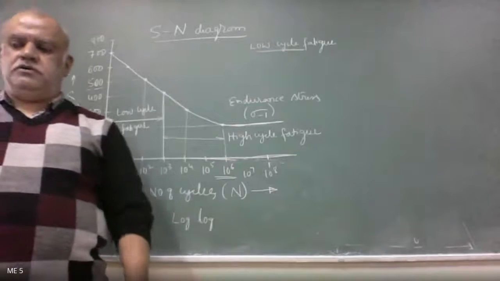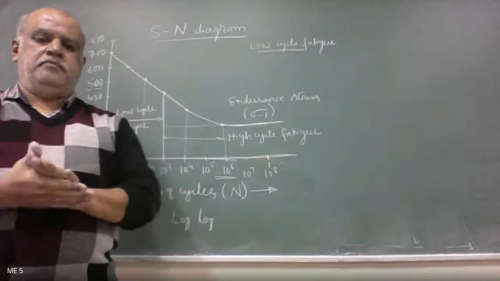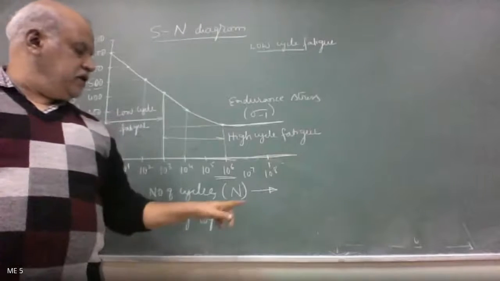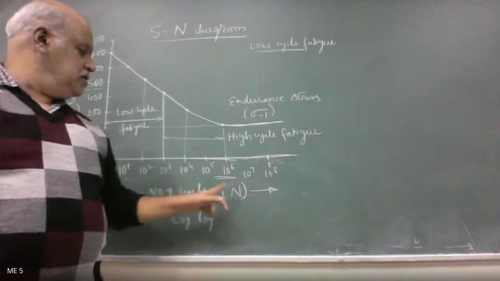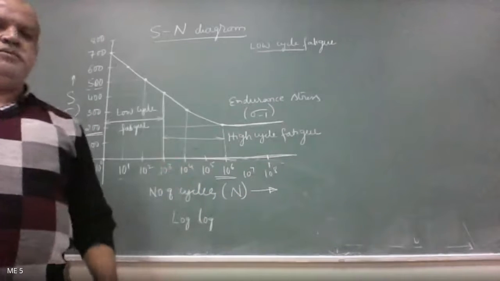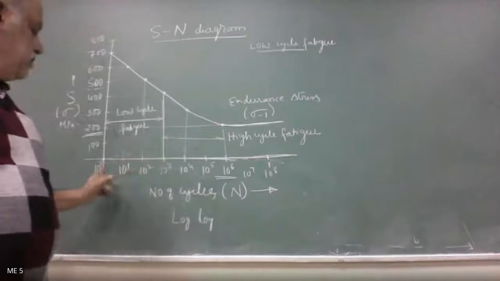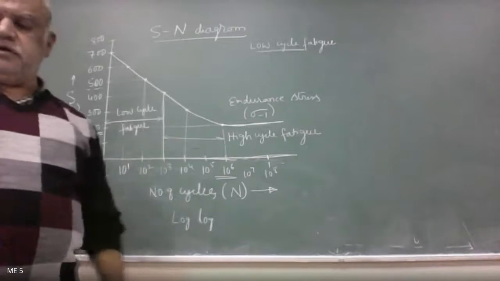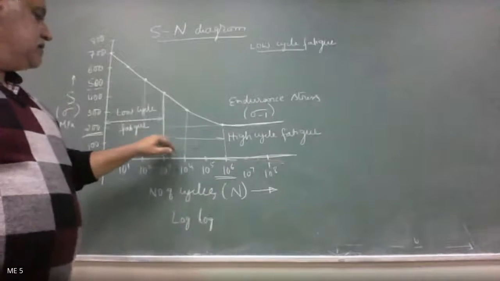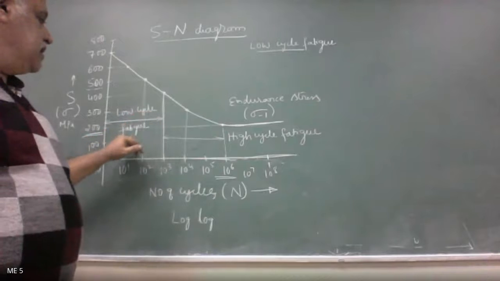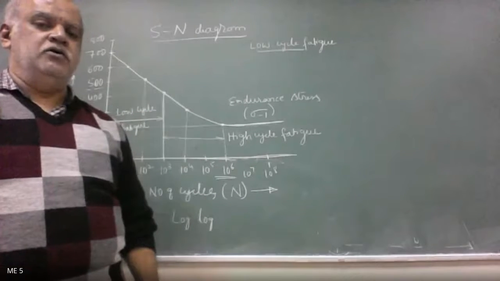Fatigue failures from n equal to 1 to n equal to 1000 cycles is classified as low cycle fatigue.